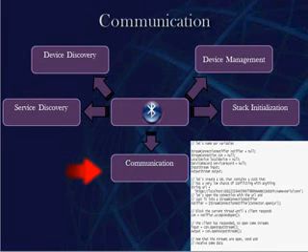The final one is communication. Bluetooth is a communication protocol. To do communication, the Java Bluetooth API gives you three ways to send and receive data. One way is RFCOMM. RFCOMM is the protocol layer that the serial port profile uses in order to communicate.